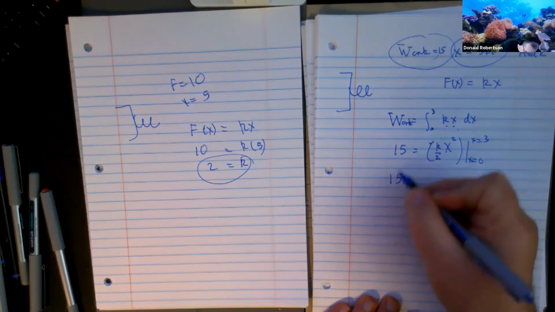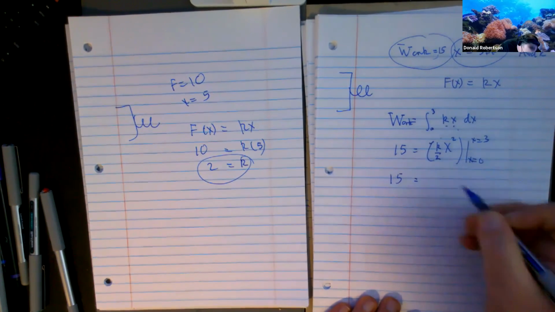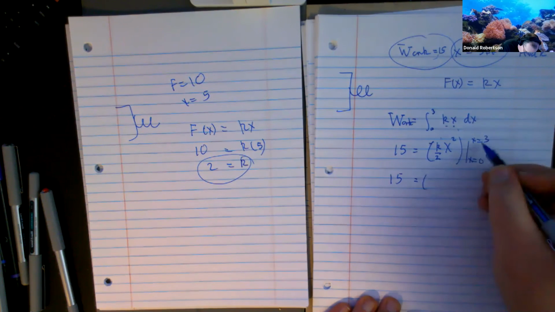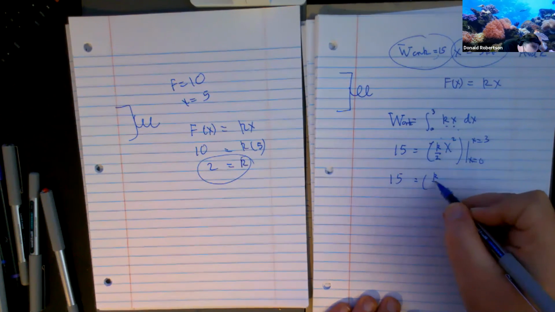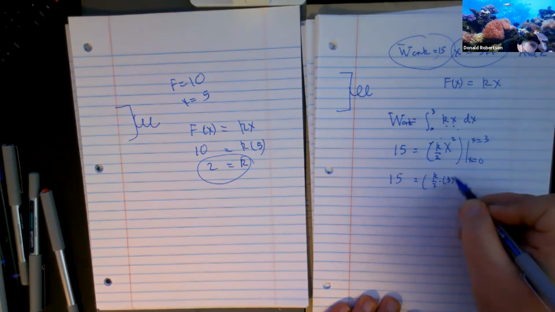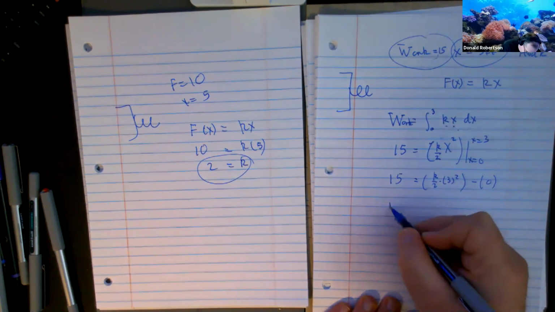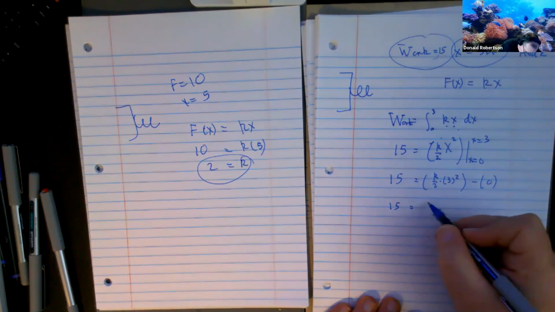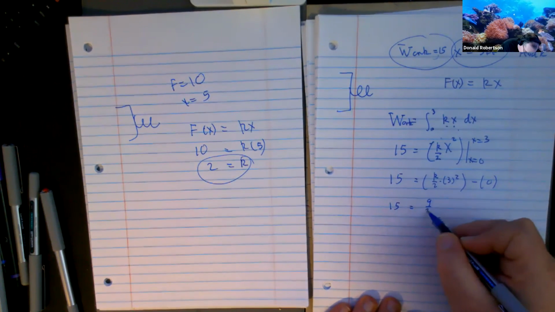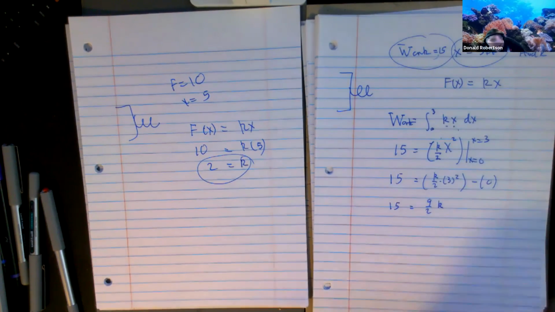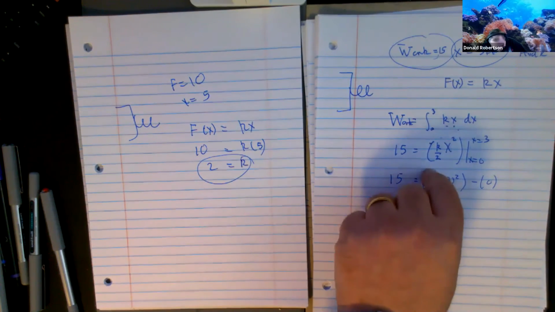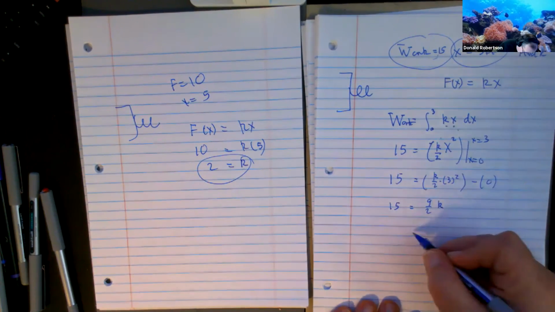And we're being told that it's 15 when we're finished. So here goes. Plug in 3 here. You get k upon 2, 3 squared. Take away a whole load of nothings. So I have that, 9 over 2 k.